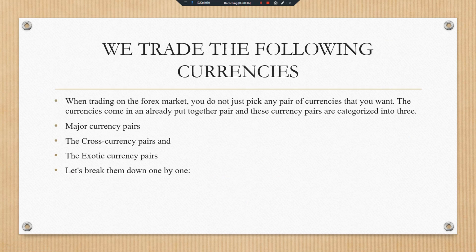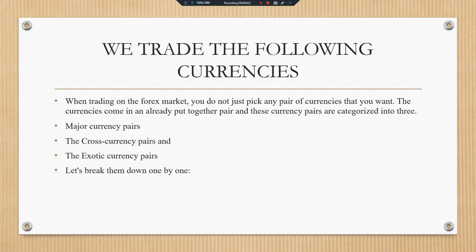So we trade the following currencies on the Forex market. We have the major currencies, the cross-currency pairs, and the exotic currency pairs. Ladies and gentlemen, when you are trading, we have currencies that come already paired, like you have a pair of shoes, meaning there are two, right? Even the currencies come already paired. It's not you to choose to say, let me pair this one and this one, they're already paired.